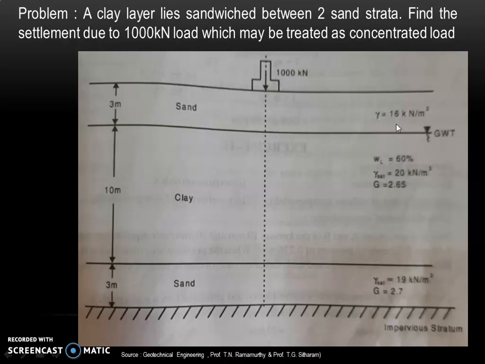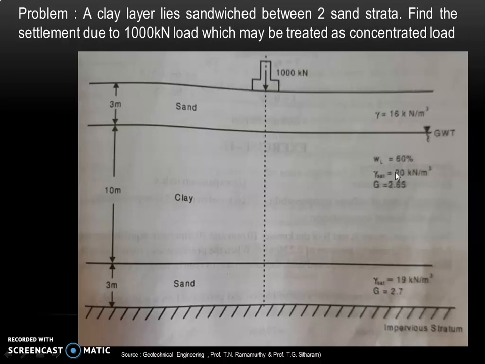Unit weight of sand is given as 16 kilonewton per cubic meter. Liquid limit is 60%. Here note that this is not the water content, it is the liquid limit which is given, which is 60%. Saturated unit weight is 20 kilonewton per cubic meter. Specific gravity is 2.65. Here there is a water table 3 meter below the ground surface.